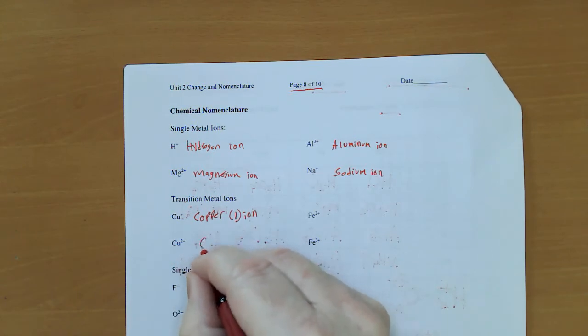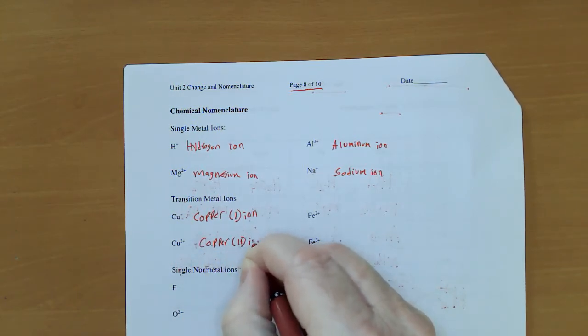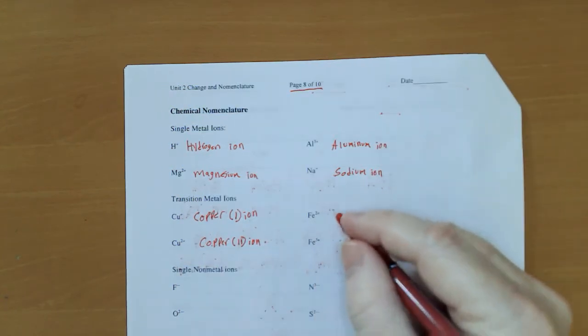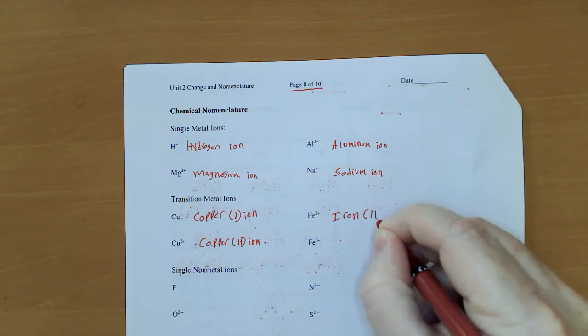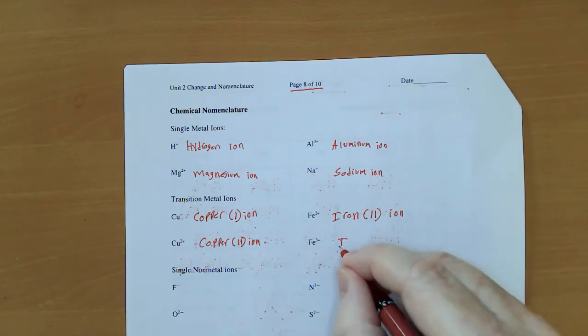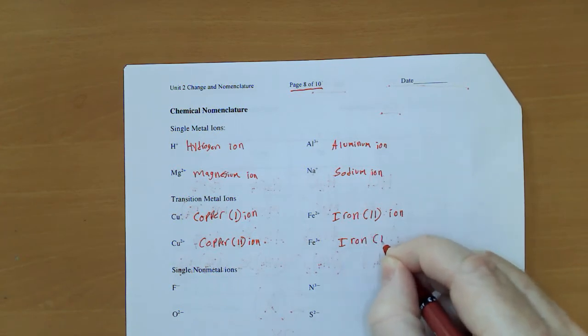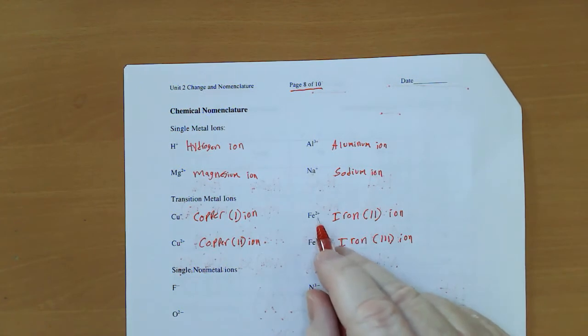And copper with a 2+ is called the copper 2 ion. Iron with a 2+ is called the iron 2 ion. And iron with a 3+ is called the iron 3 ion. It's actually pretty simple because we're telling you the charge right there.